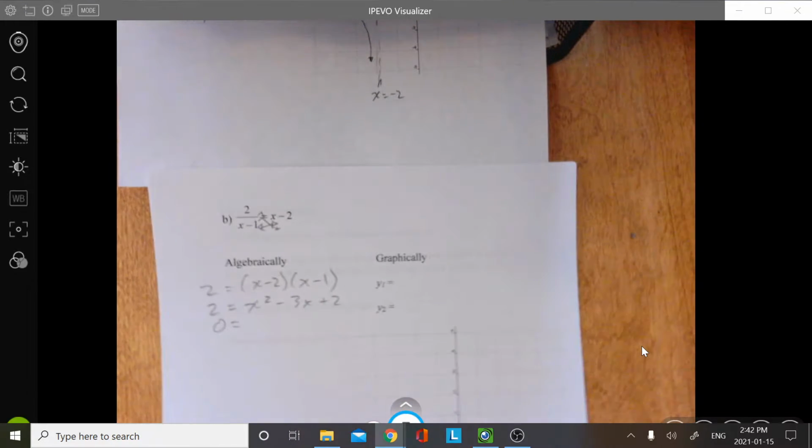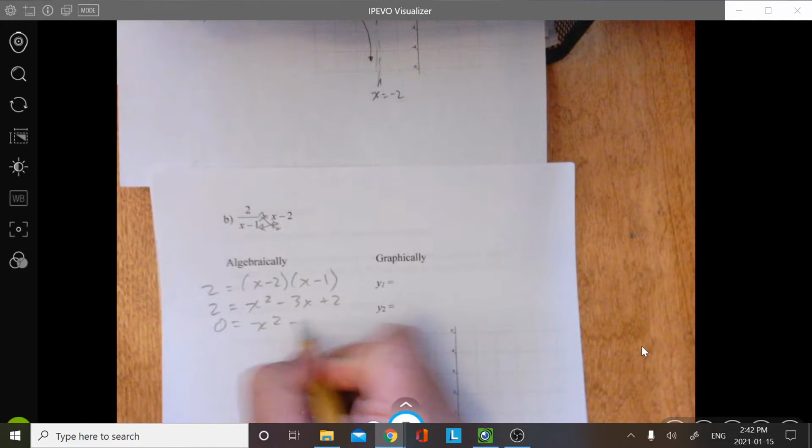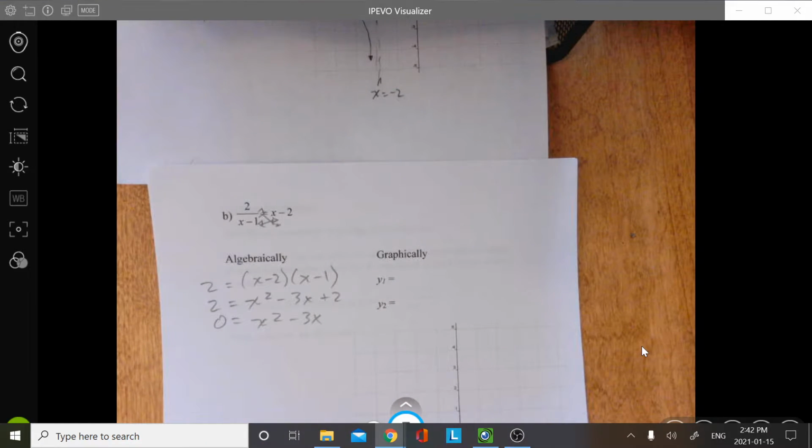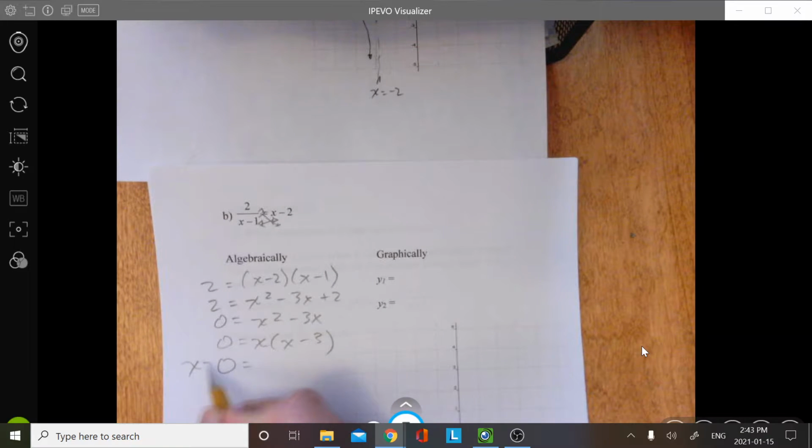So I have 0 equals x squared minus 3x. Okay, and then common factor, and you get x and minus 3. So my two solutions are going to be x equals 0 and x equals positive 3.